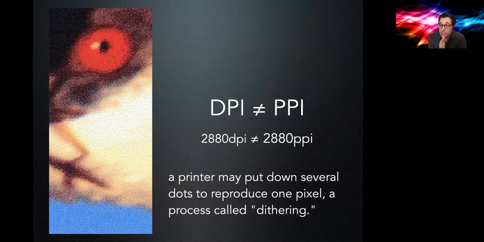You will see people use these terms interchangeably, but just know in its truest sense, these are not the same thing. The reason being is a printer may put down several dots to produce one pixel. And this is a process called dithering. So you don't have this one-to-one equivalency between dots per inch and pixels per inch, okay?